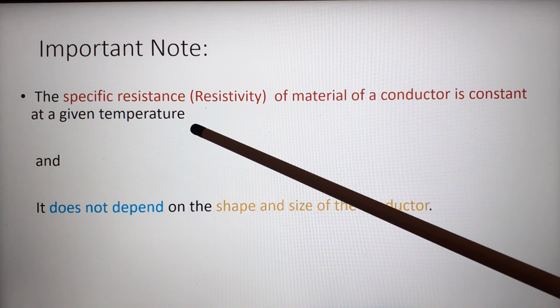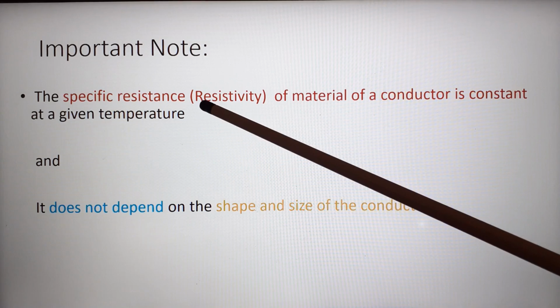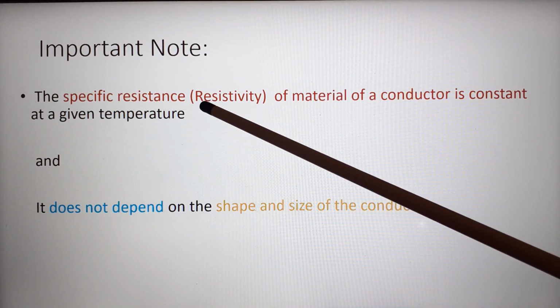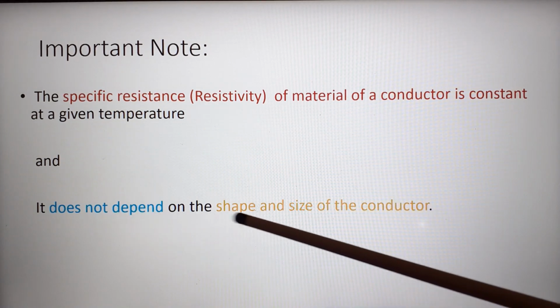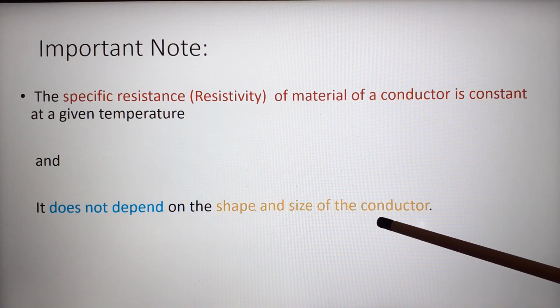But for specific resistance, changes in shape and size makes no change in the resistivity of the material. Because specific resistance deals with unit area and unit length. So, it does not depend on the shape and size of the conductor.